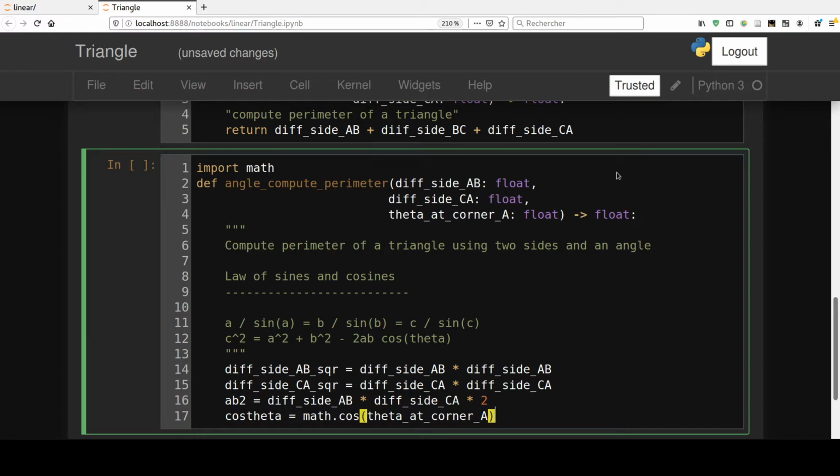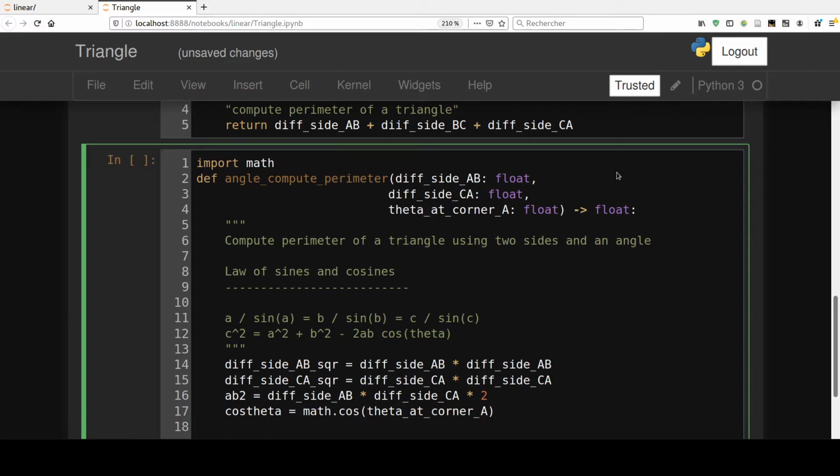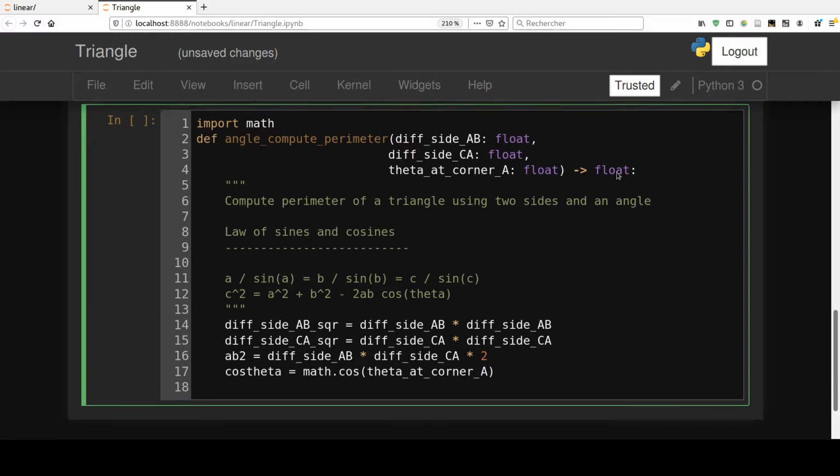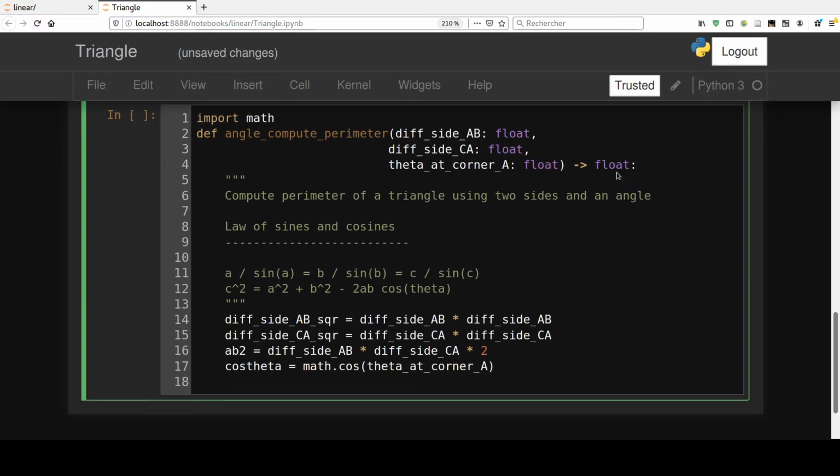Now we are ready to rock, and rocking would not take too much time. C squared is then diff side AB squared plus diff side CA squared minus AB2 times cos theta.